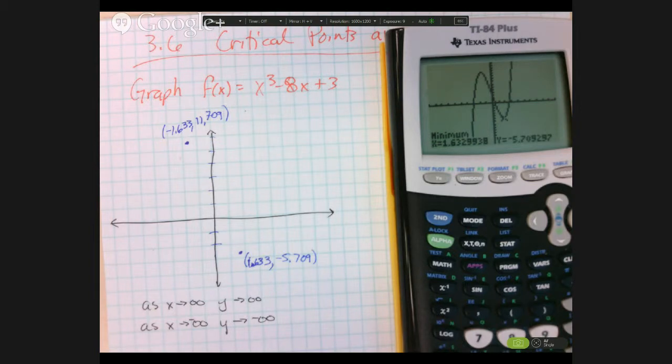What do you do with the right bound again? Go to the right of it.